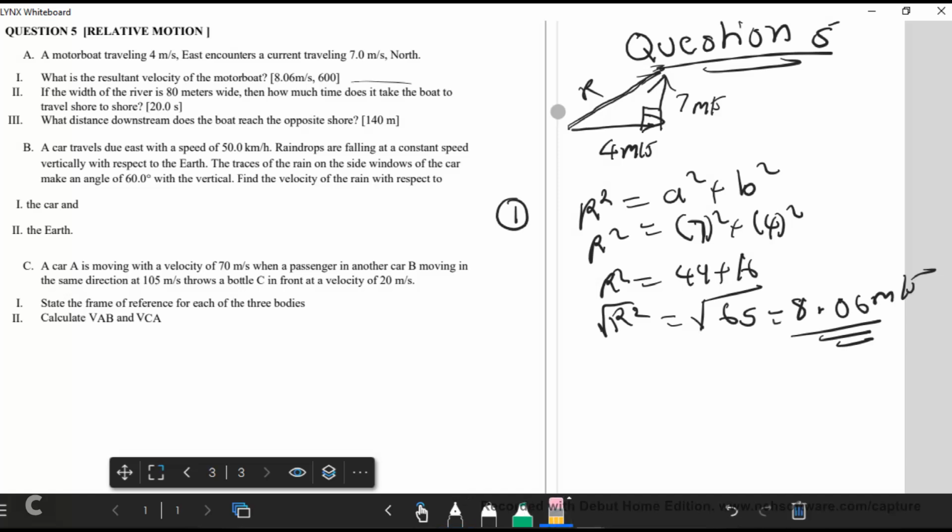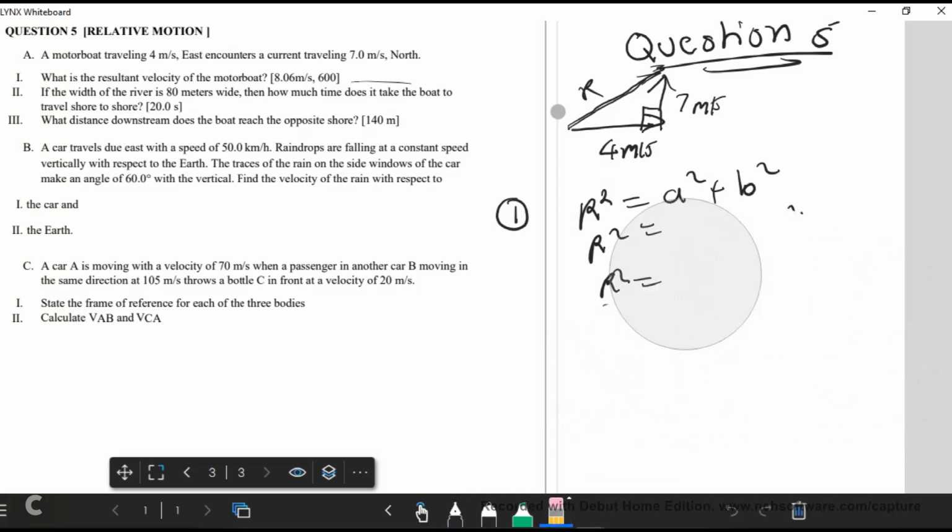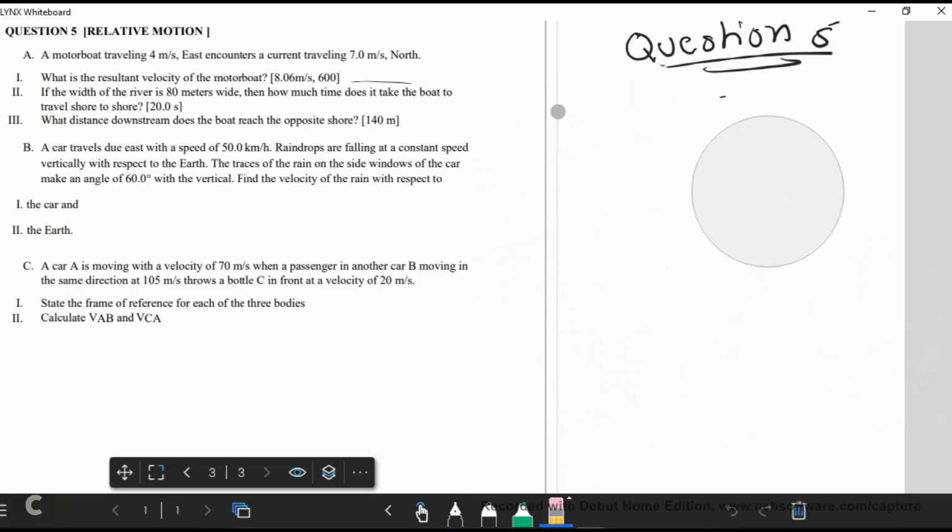So let's go on to the other one. Now what are they saying? They're saying that if the width of the river is 80 meters wide, then how long does it take the boat to travel from shore to shore? So how do you do that one? Shore to shore, meaning from this point until that point, right?